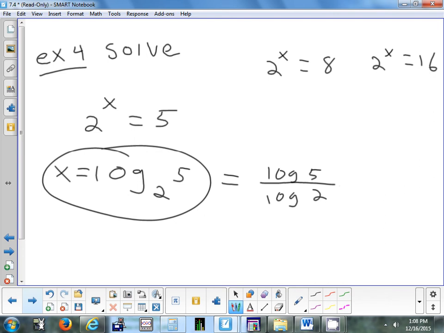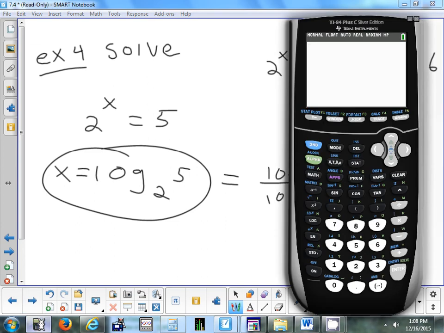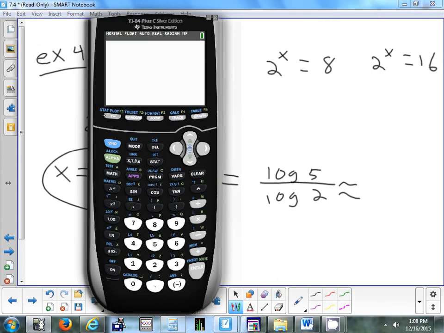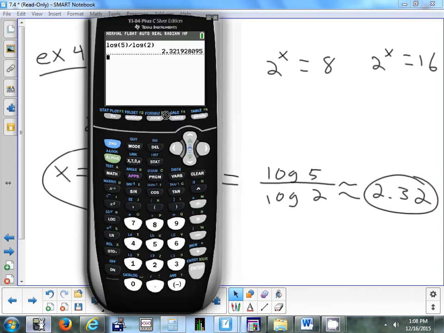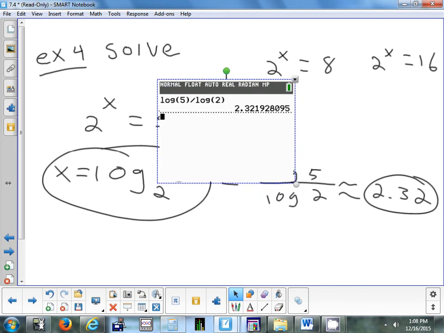If you want to know what it is as a decimal, we know it's between 2 and 3. Well, this is how you type it in: log 5 divided by log 2. And that's what we expected, about 2.32. Any questions on typing that in?